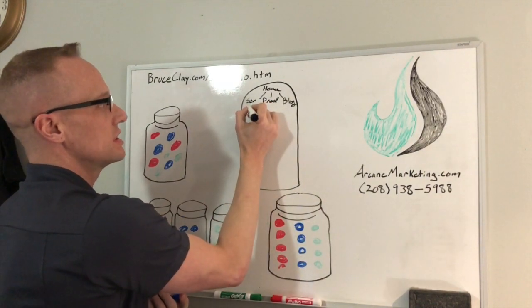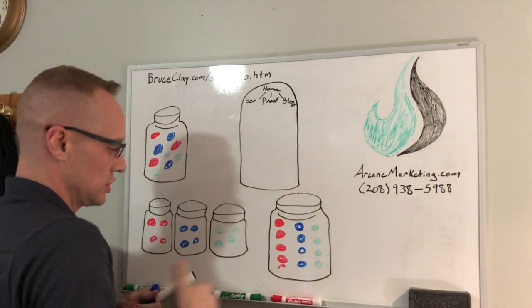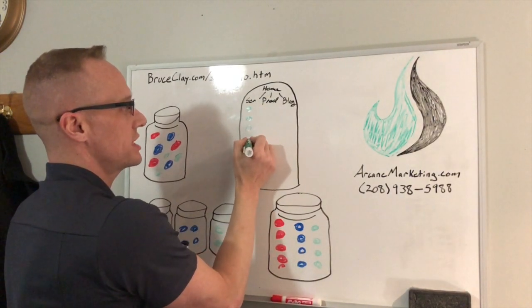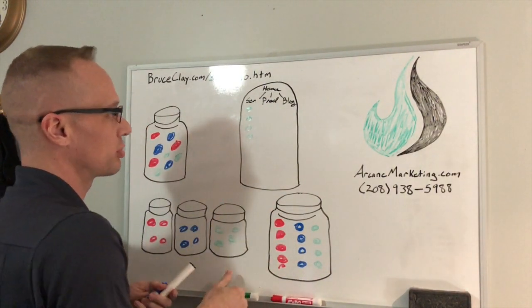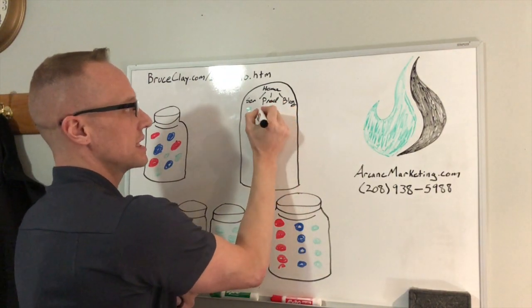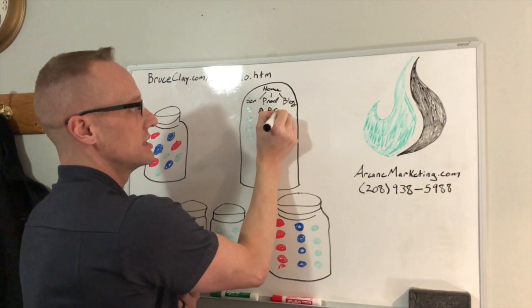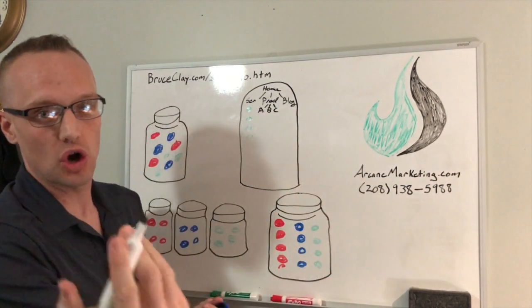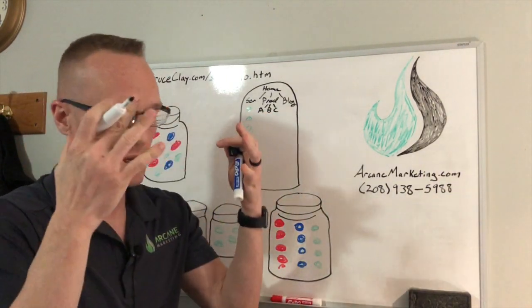And then in your services, you might have service 1, service 2, service 3, and service 4. But maybe in your products, you might have different products like product A, B, and C, and each one of those products has its own categorization.